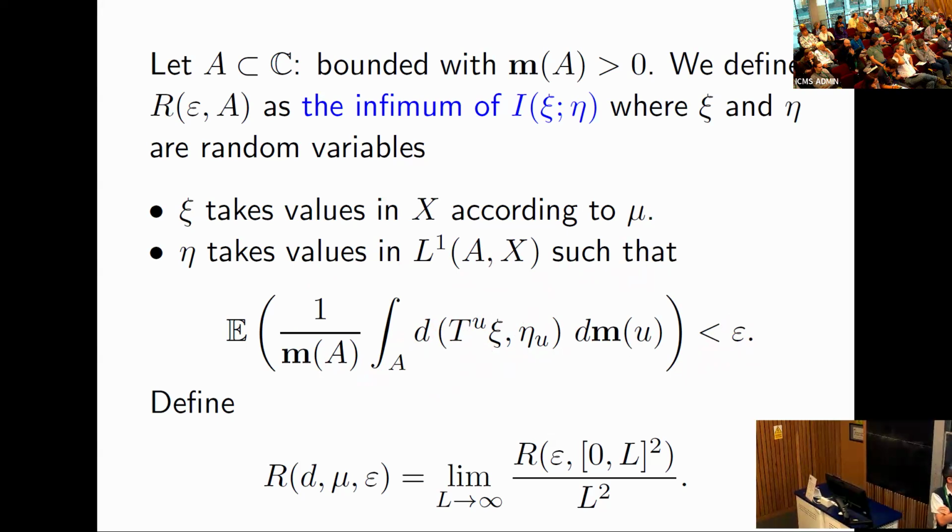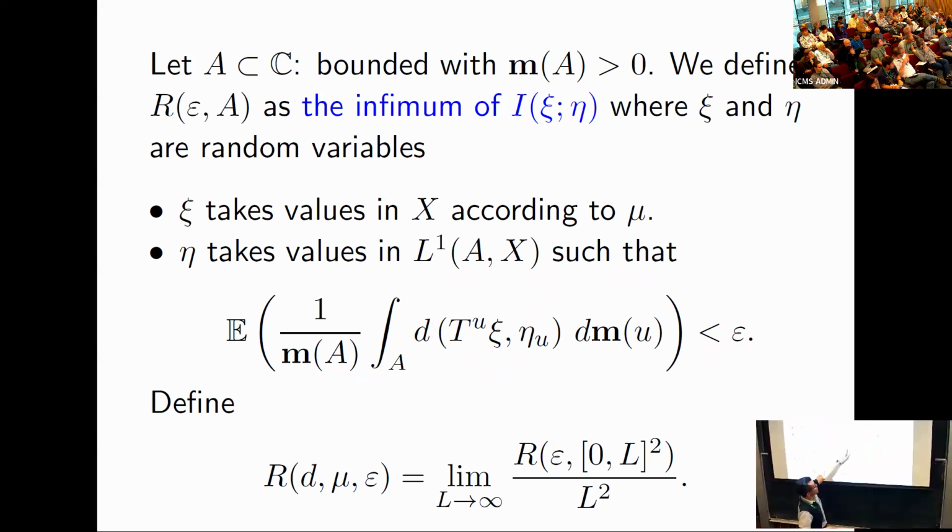So roughly speaking, T(u)xi is some stochastic process, and we want to discretize this process by using eta. And this inequality means that the distortion of this discretization is small.